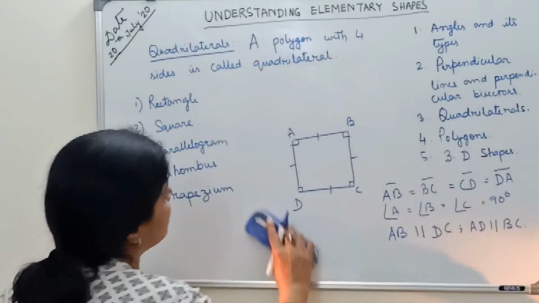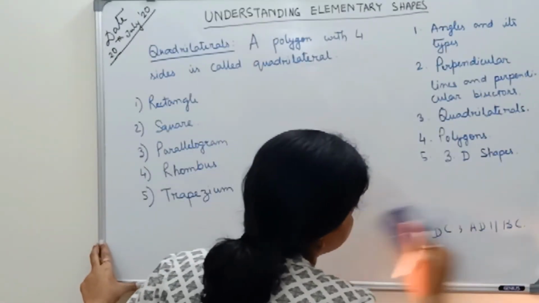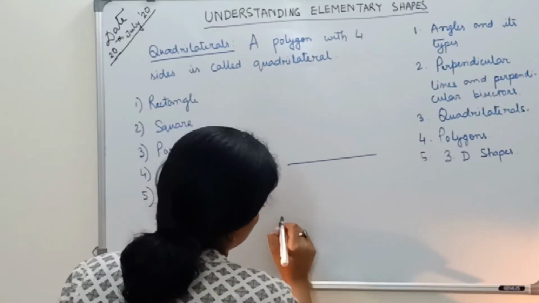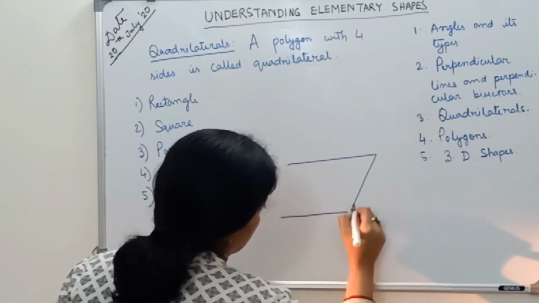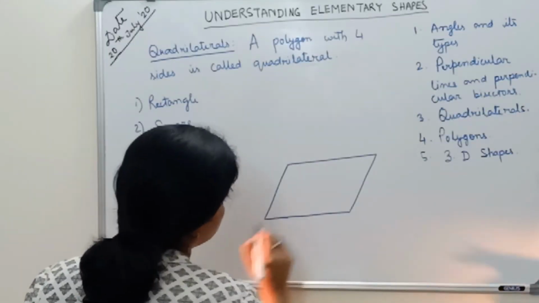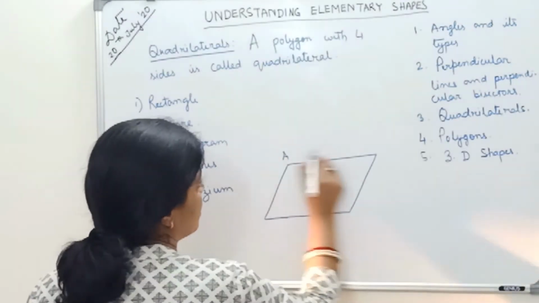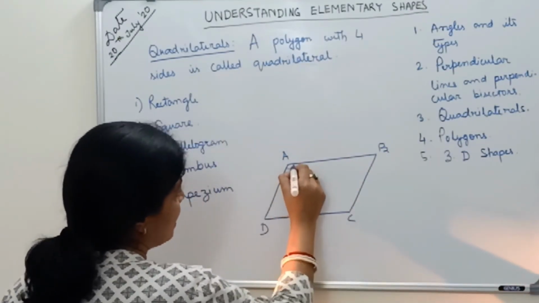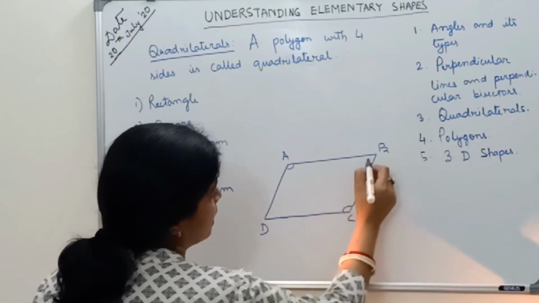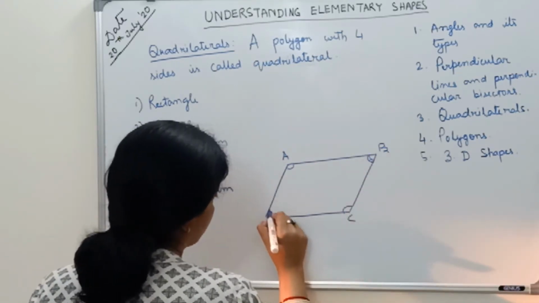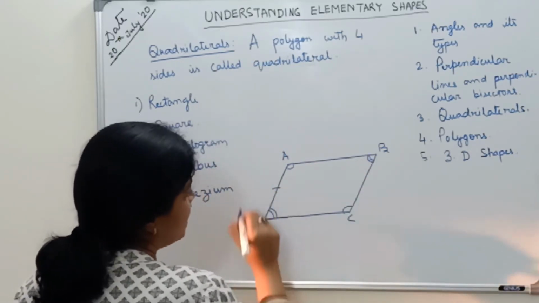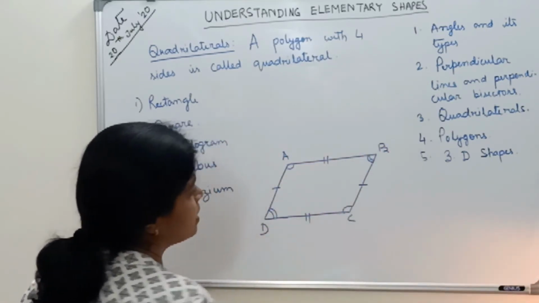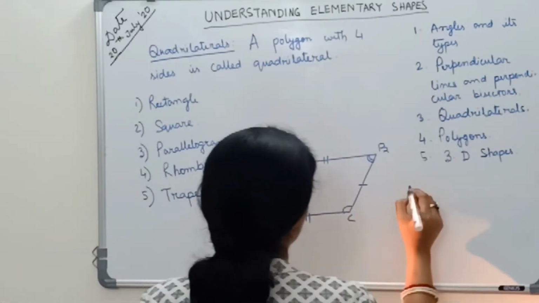Now parallelogram. What is parallelogram? Parallelogram means this is a parallelogram. If I name A, B, C, D, here angle A is equal to angle C, angle B is equal to angle D, and AD is equal to BC, and AB is equal to CD. This is a parallelogram.